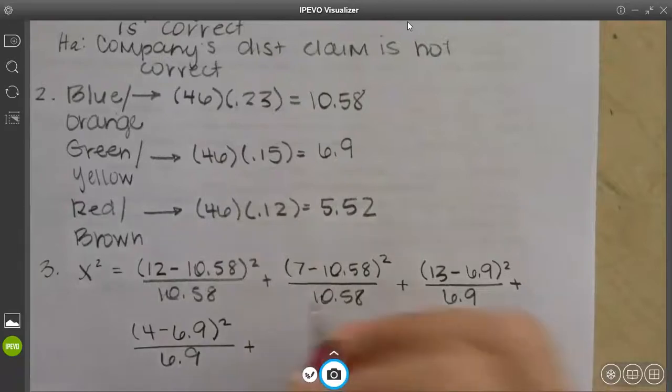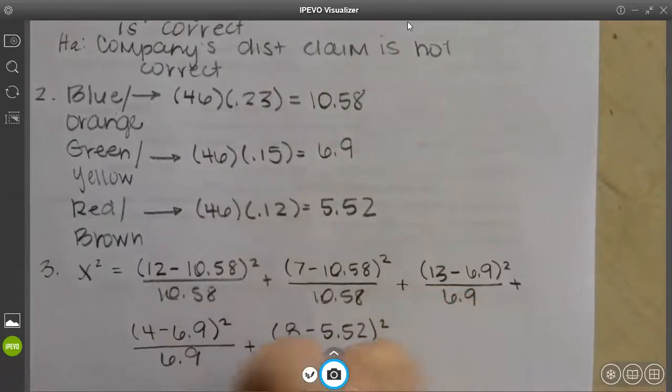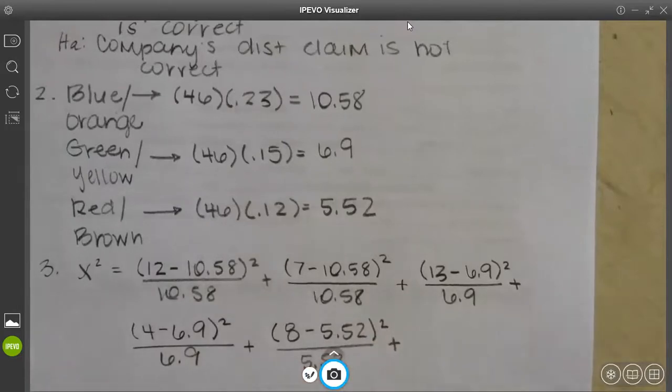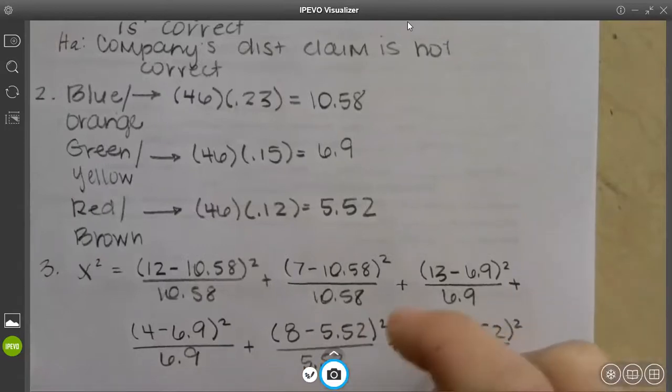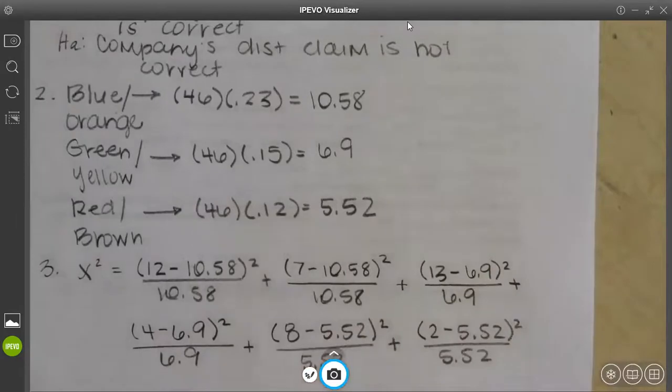Red, we saw 8 in the sample. We were supposed to get 5.52. Square that over 5.52. And the last one, brown, we had 2 brown in the sample. We were expected 5.52 over 5.52.